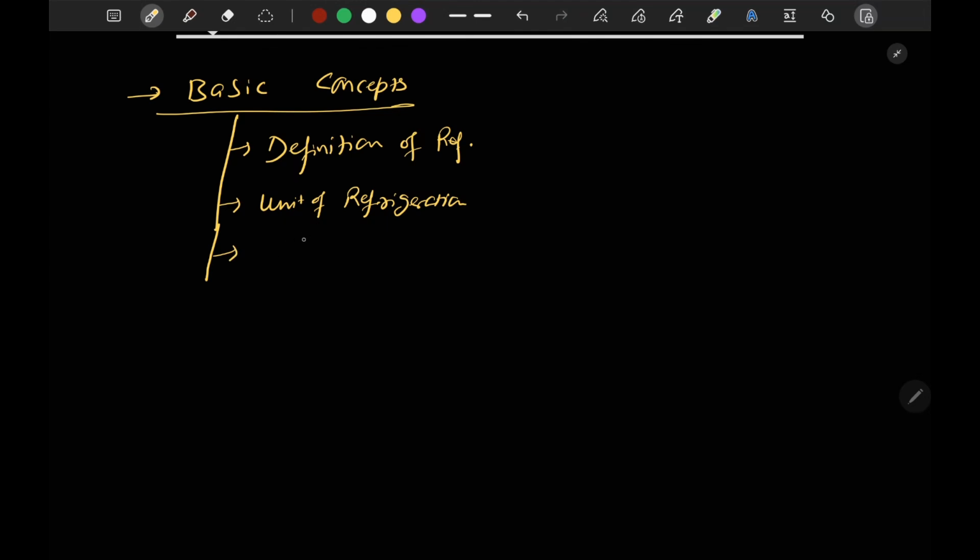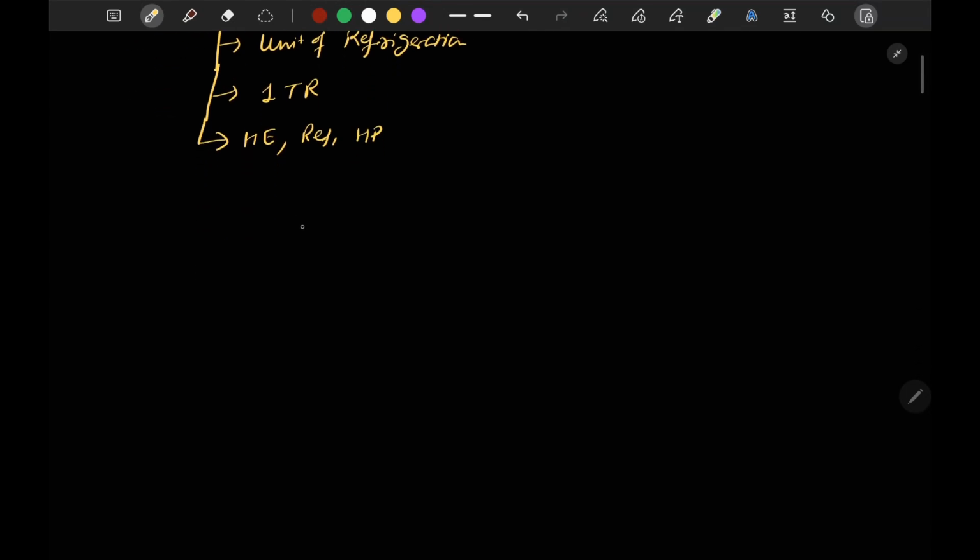Next we have seen the definition of 1 TR, and we have studied heat engine, refrigeration, and heat pump. So I will mention some important formulas.